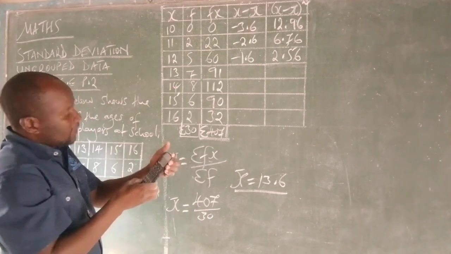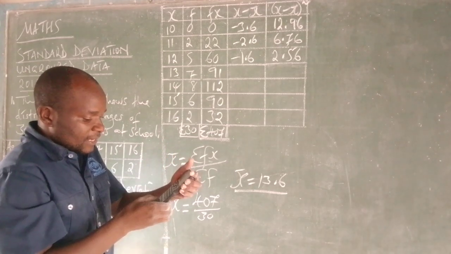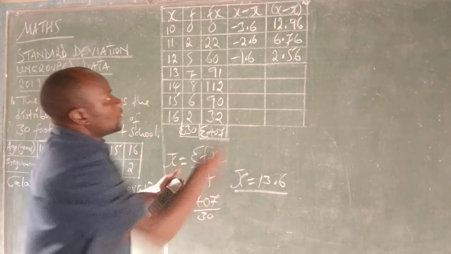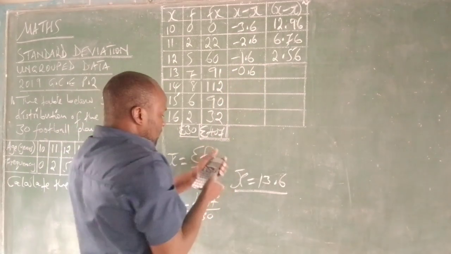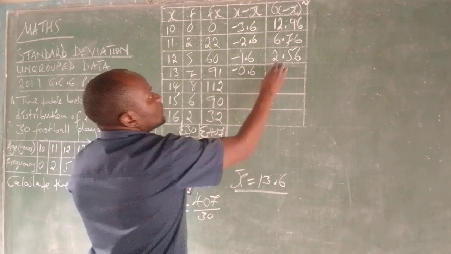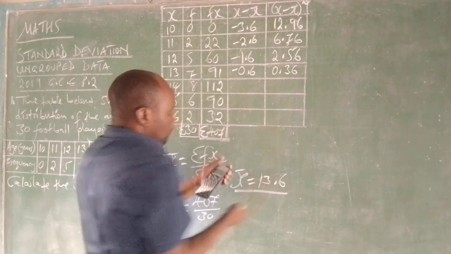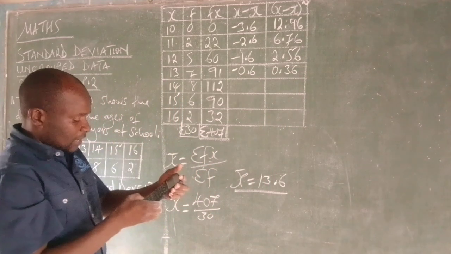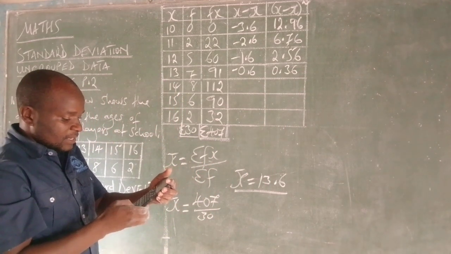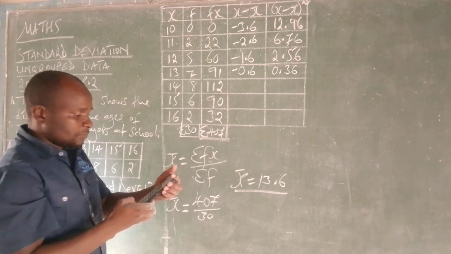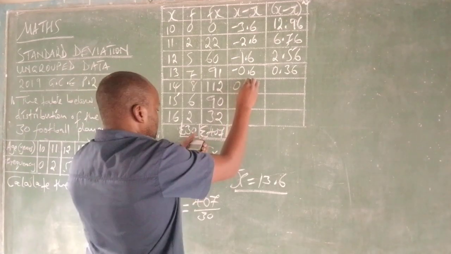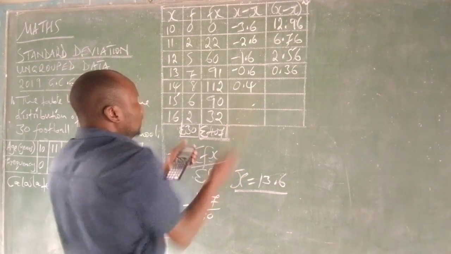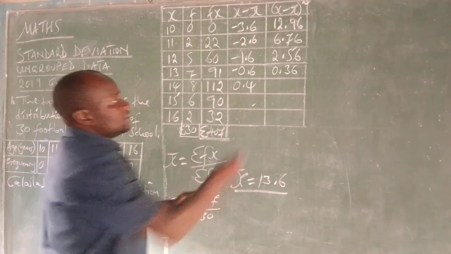And we have 13 minus 13.6. We have negative 0.6. Squaring that will give us 0.36. Next, we have 14 minus 13.6. We are getting 0.4. Squaring that will give us 0.16.